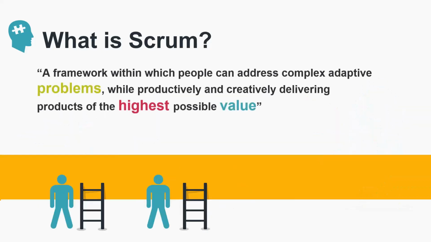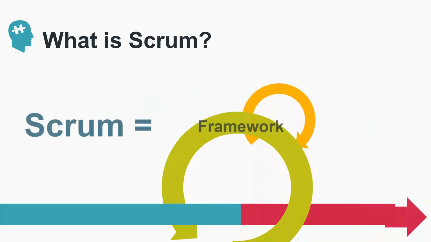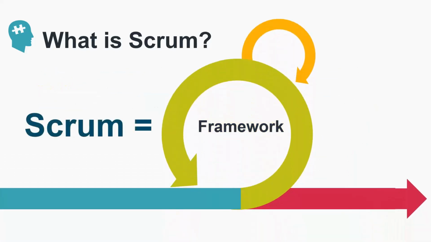Officially, Scrum is a framework within which people can address complex adaptive problems while productively and creatively delivering products of the highest possible value. This is the book definition of Scrum, provided by Scrum Guide. Scrum Guide is something like a Bible of Scrum. It says Scrum is a framework, and it's very important to understand this.